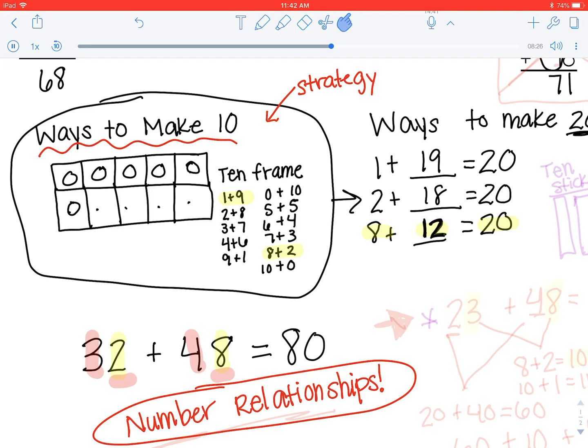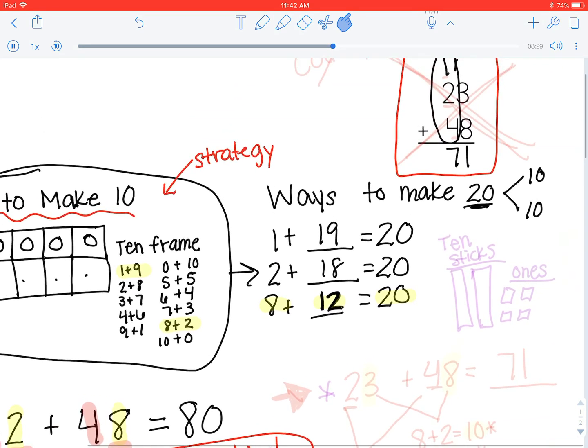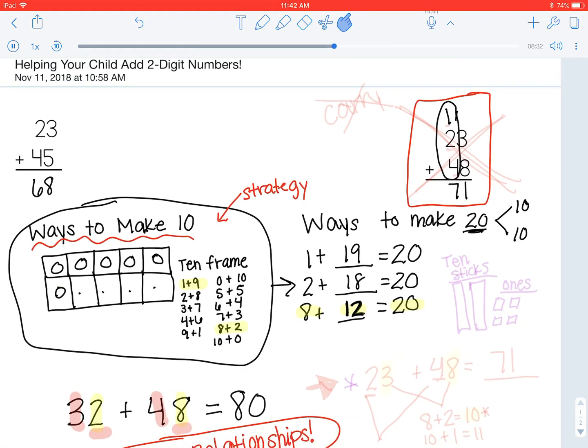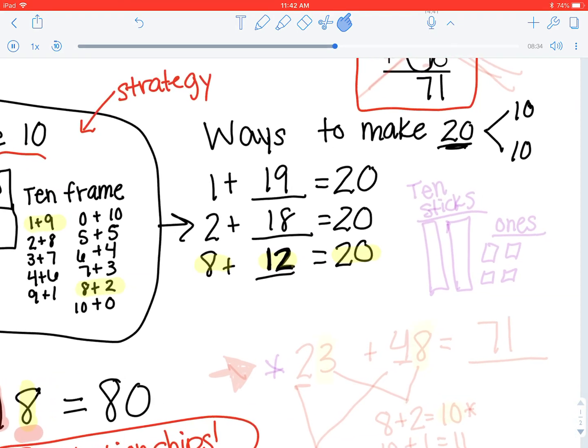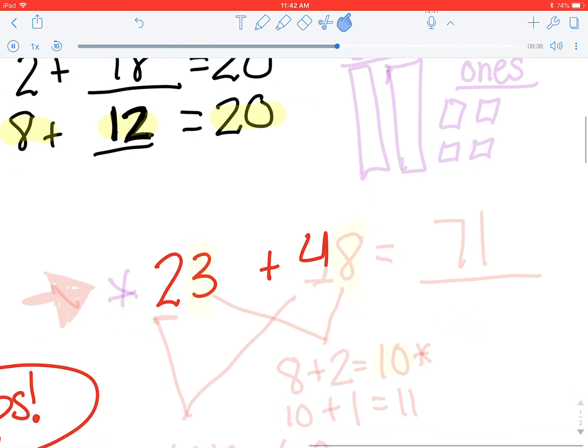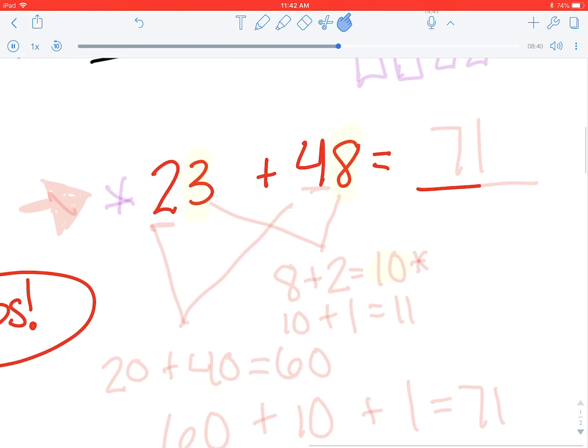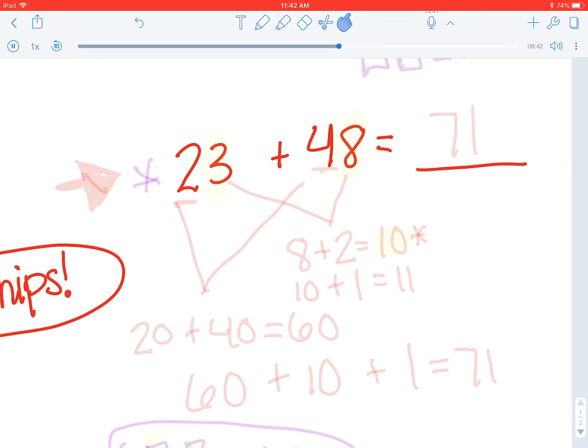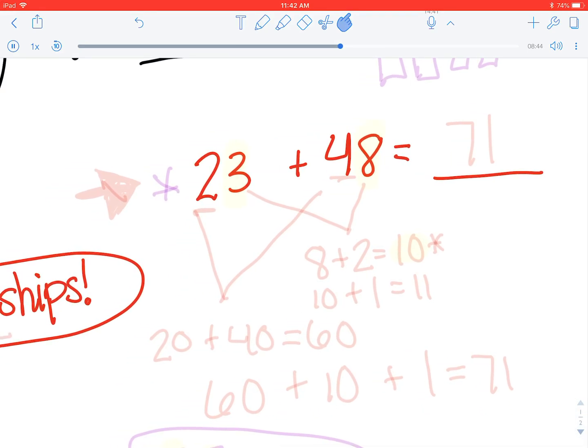That same concept is true for this problem up here. So I'm going to rewrite it out horizontally, 23 plus 48. So in this problem, students can still recognize how to make a 10.